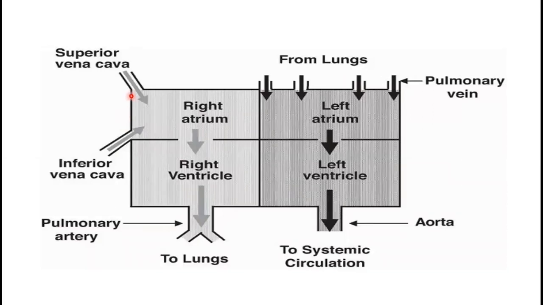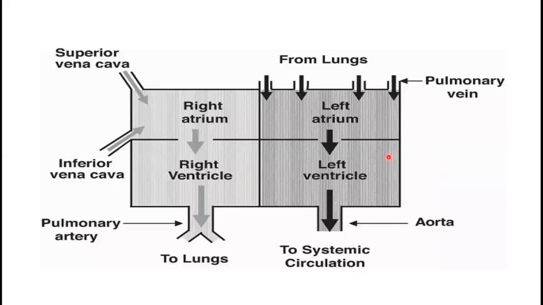These pericardial membranes are filled with a fluid, and fluid around any organ serves one purpose only: to protect that particular organ against any shock or friction. Since the heart keeps on beating lifetime, friction can occur there. To prevent that friction, this pericardial fluid is present.